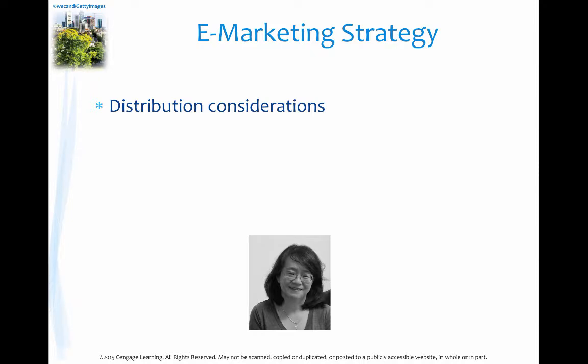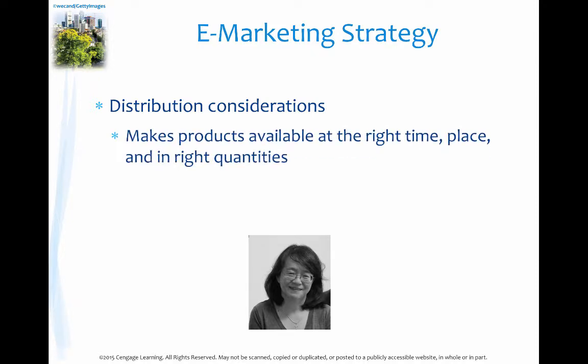The role of distribution is to make products available at the right time, at the right place, and in the right quantities. Digital marketing can be viewed as a new distribution channel that helps businesses increase efficiency. The ability to process orders electronically and increase the speed of communications via the internet reduce inefficiencies, costs, and redundancies, while increasing speed throughout the marketing channel.